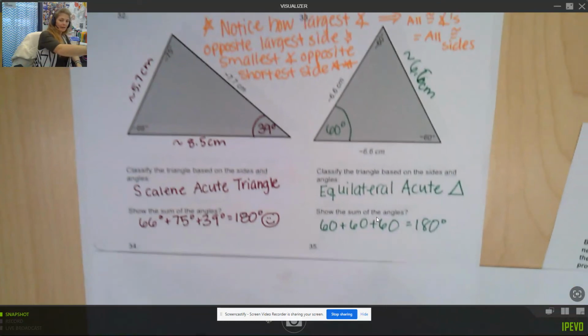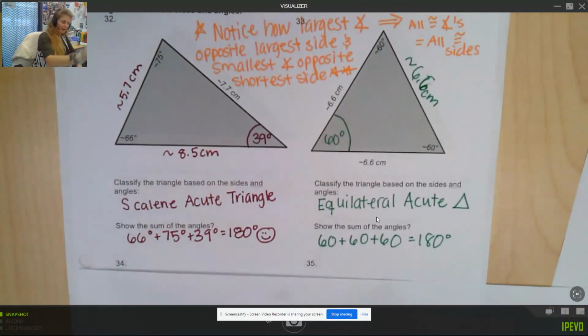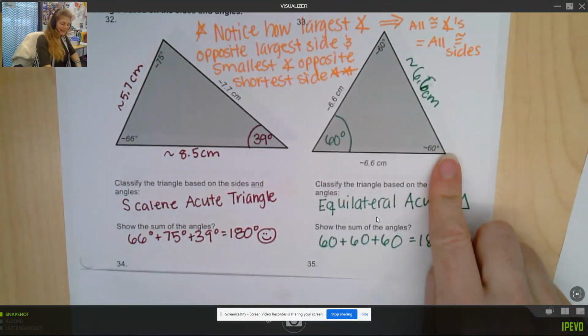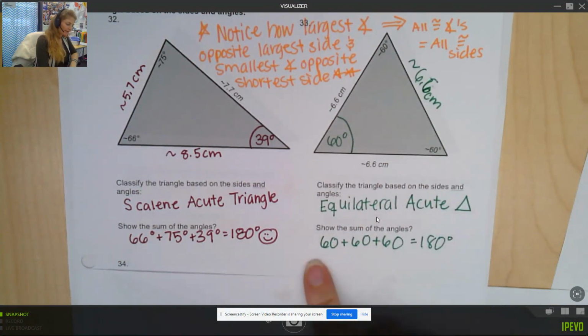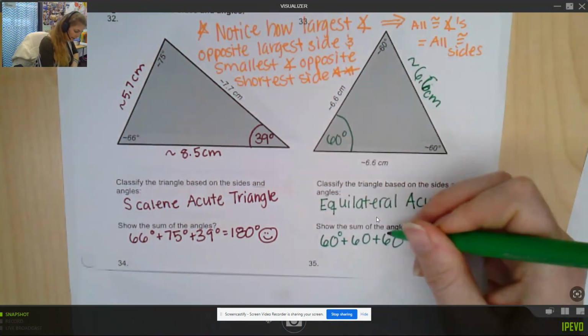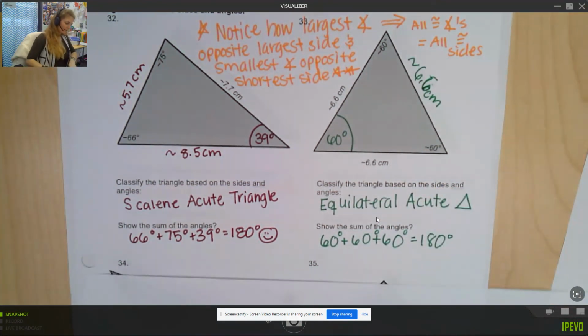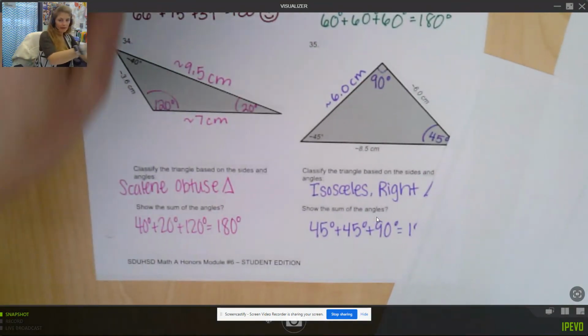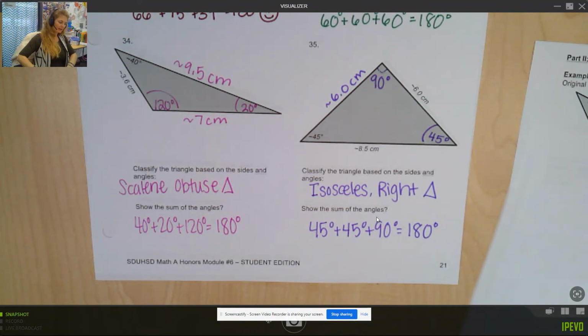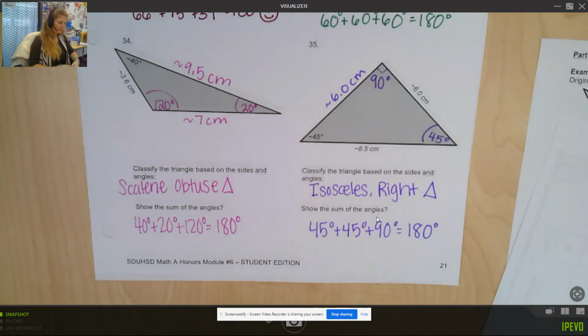So taking a look at our next triangle, we noticed we had all equal angles and all equal side lengths. So equilateral acute triangle, 60 degrees plus 60 degrees plus 60 degrees is 180 degrees. The next triangle we are investigating, and again, I know your side lengths might be a little bit off or different than mine, but that's totally fine.